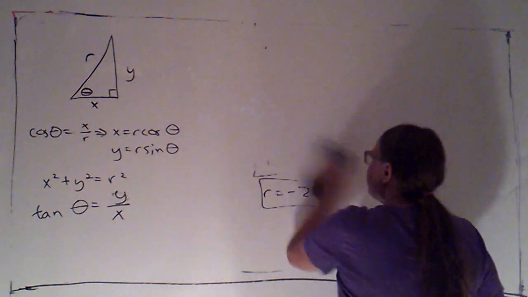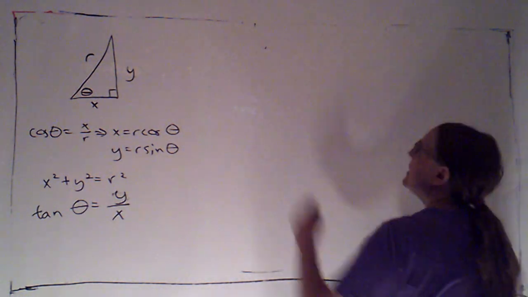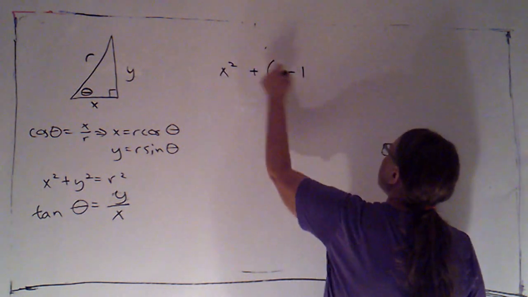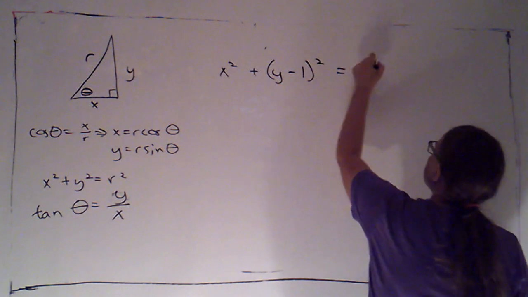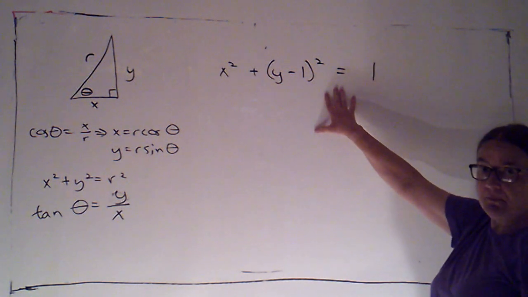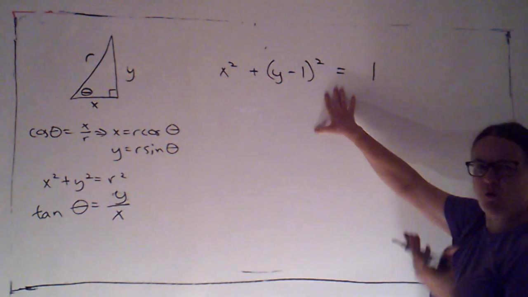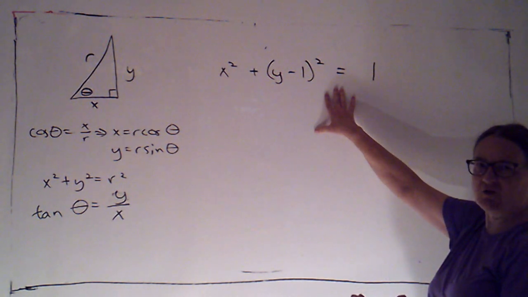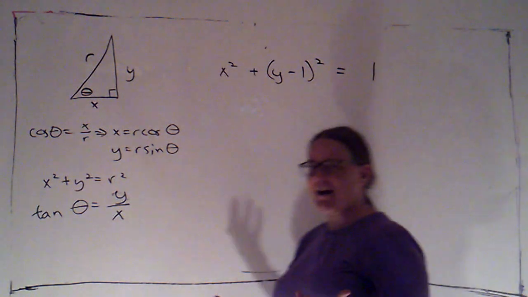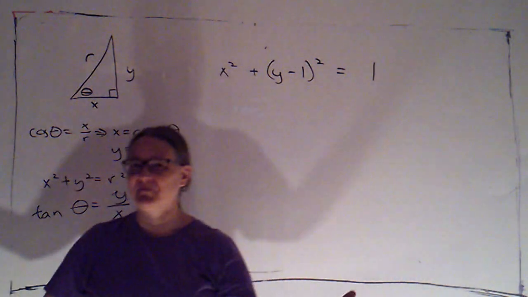What I want you to do is work with this one. X squared plus y minus 1 squared is equal to 1. Now I know that that's a circle, but its center would be at the point 0, 1 in rectangular coordinates. So it's not centered at the origin, so its equation isn't going to be quite as nice as just r is some number.